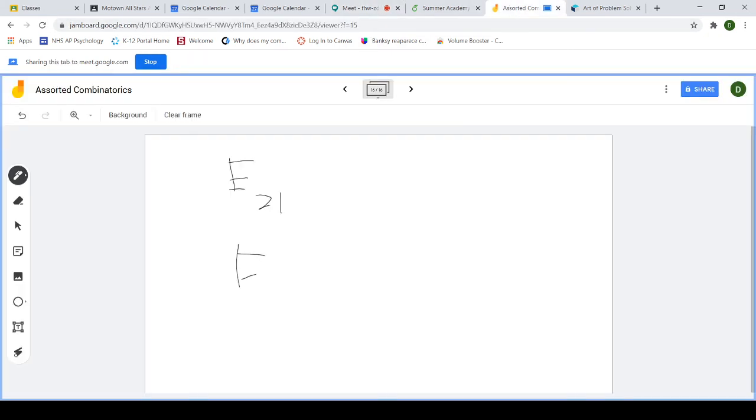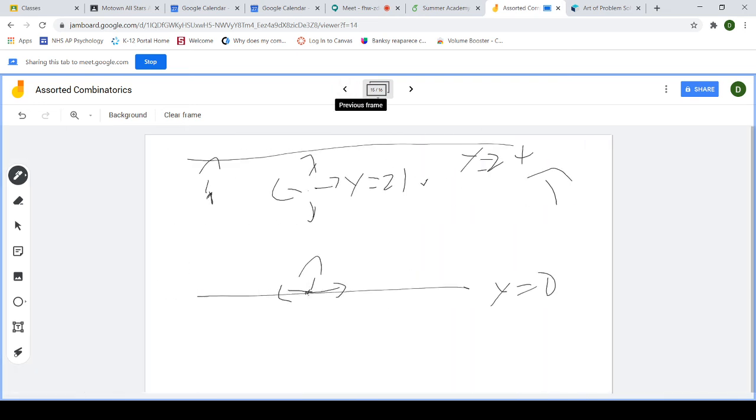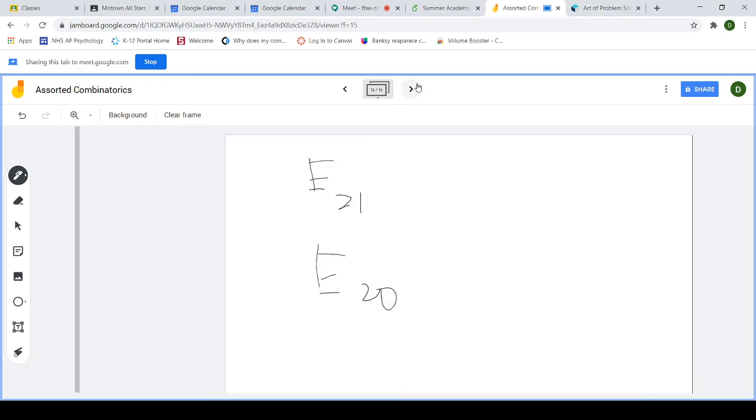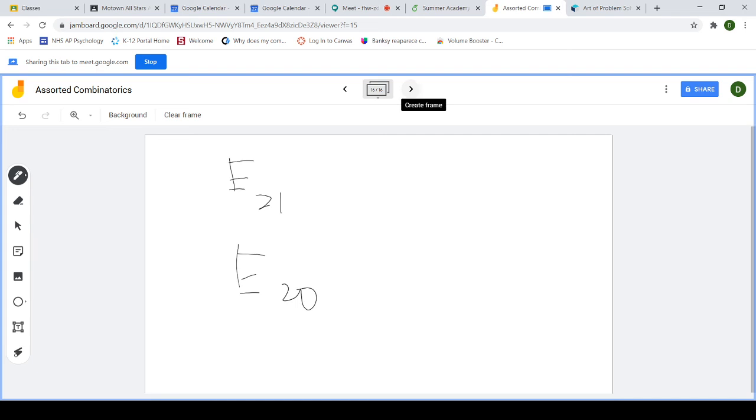Similarly, I'm going to let E20 be the expected number of jumps it takes to get to the river, starting at a point at y equals 20. I'm going to do this for every single point, though I'm not actually going to write out everything.